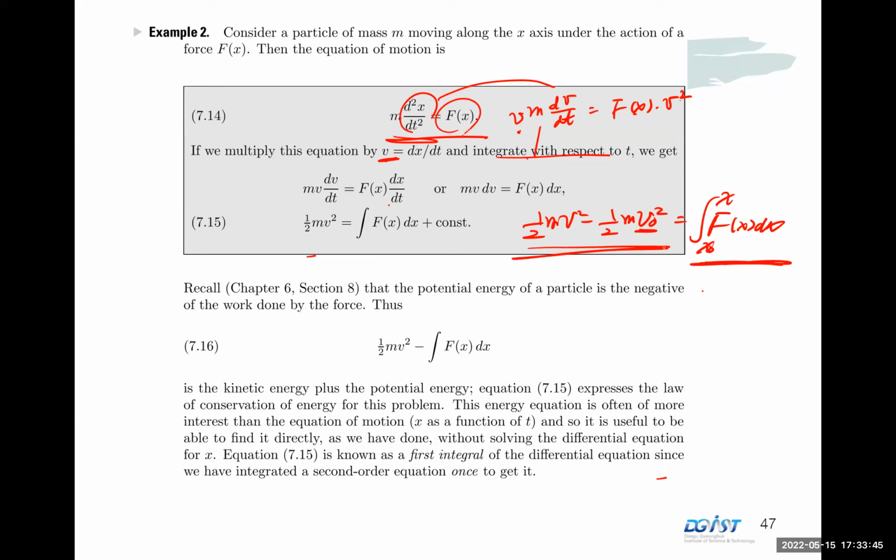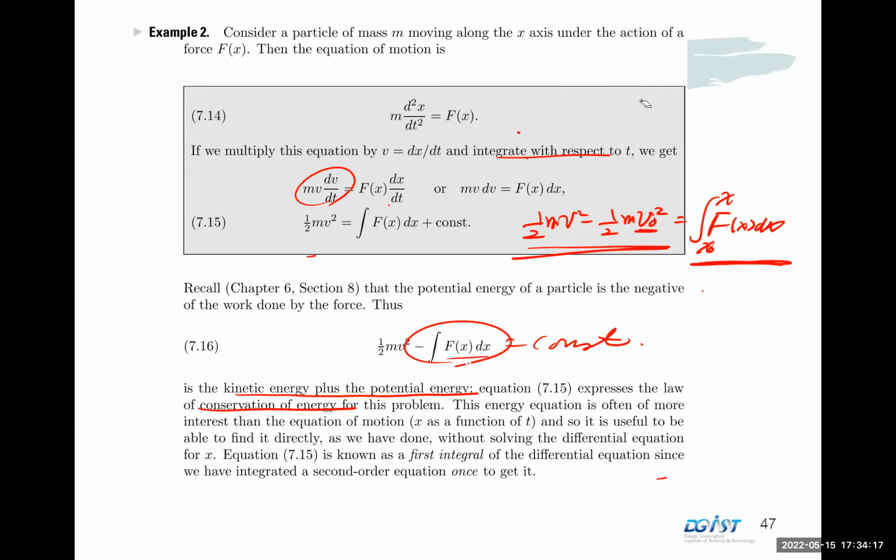That's why in the kinetic energy we have a half, from this integral. In other words, the kinetic energy plus the potential energy is constant. So this is the energy conservation. This is a very important equation, and we can use it very frequently in many fields of physics.